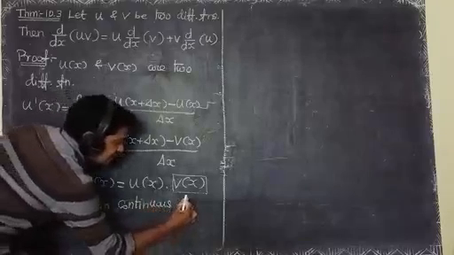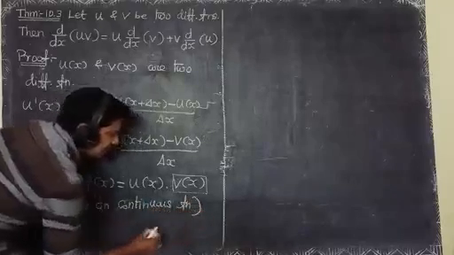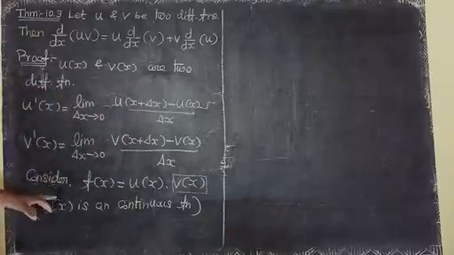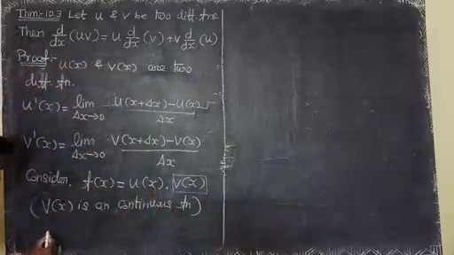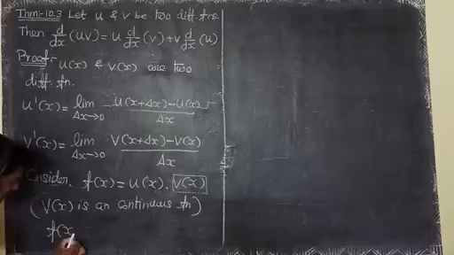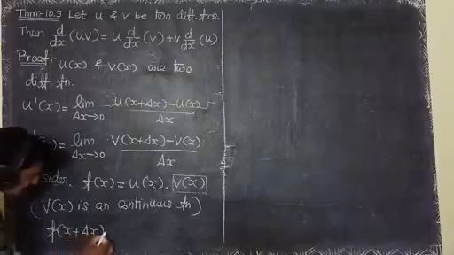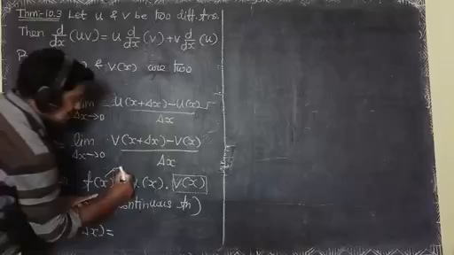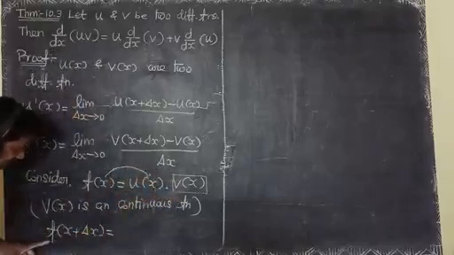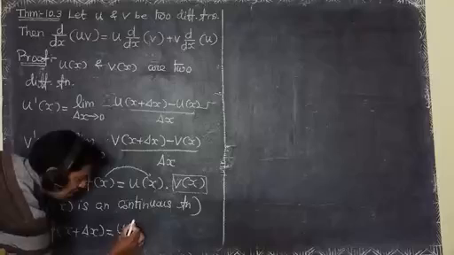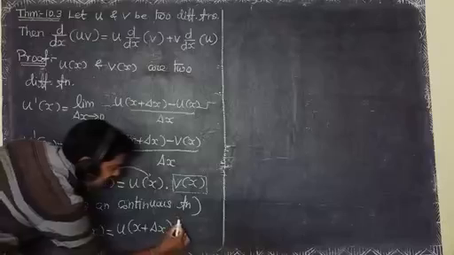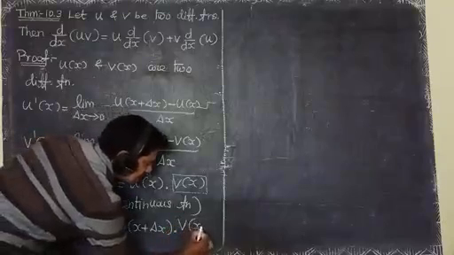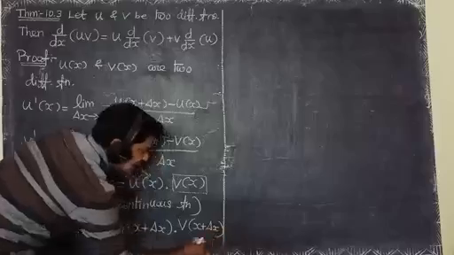Next, to find f of x plus del x: f of x means u of x times v of x, so f of x plus del x means u of x plus del x into v of x plus del x.